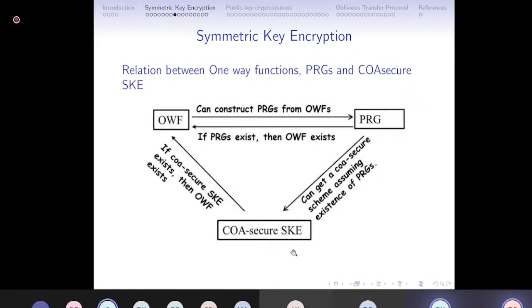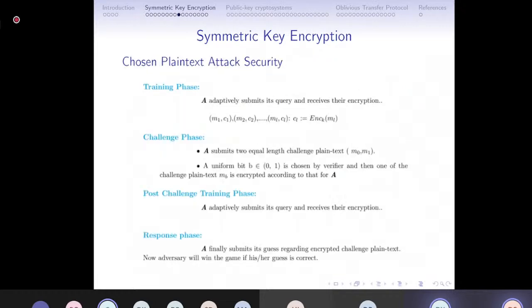And if a secure symmetric encryption scheme exists, that means there also exists a one-way function. So this is the basic relation between one-way function, pseudo-random generator, and ciphertext only attack symmetric encryption scheme.